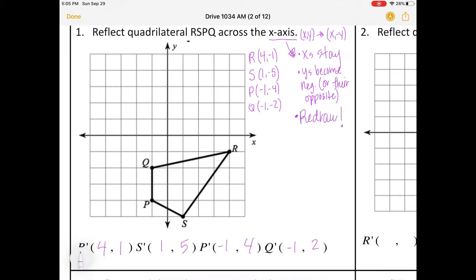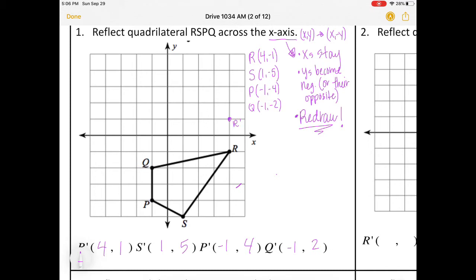Even if the problem doesn't ask you to, it's good to do this just to check and make sure it looks accurate. Like if your shape looks way wrong and it doesn't look like the one you started with, then it's probably wrong. So let's graph this now using our new coordinates and see what we get. So 1, 2, 3, 4, 1. Okay, label them with the new, so that's R prime.